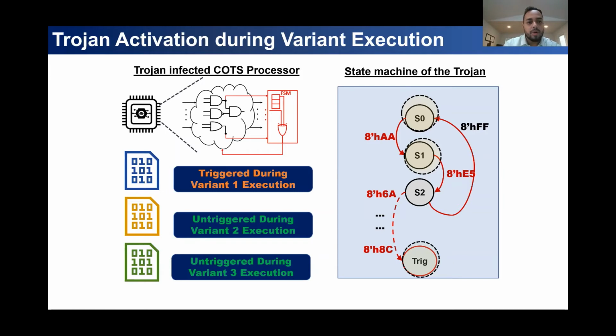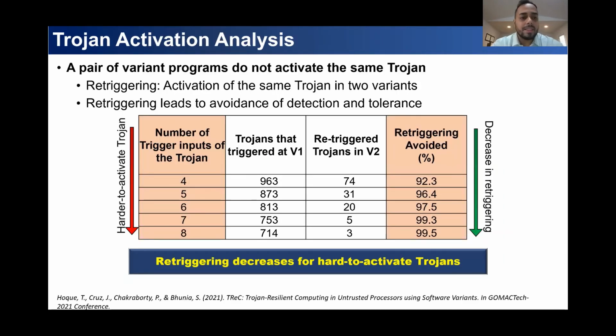And our goal is to generate variants that are drastically different from each other and can produce significantly different activity inside the processor when they execute. To understand that, we actually generated variants for a processor, and this is just an example result from a program.